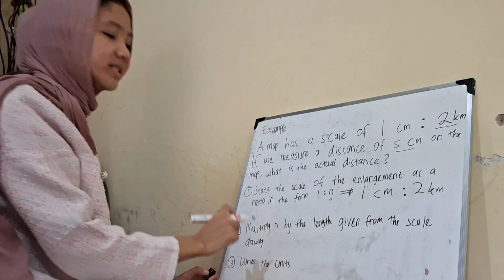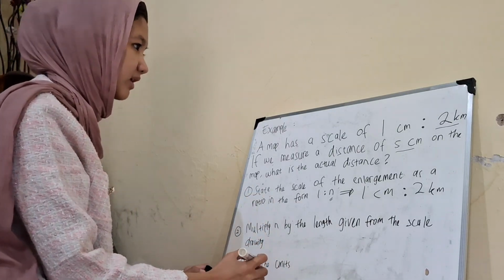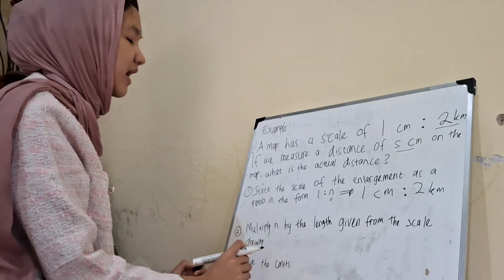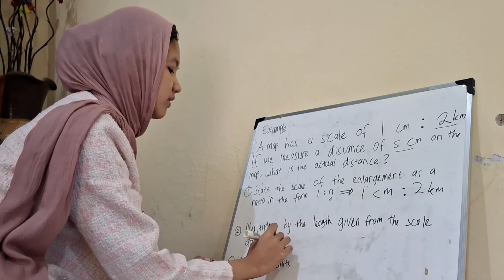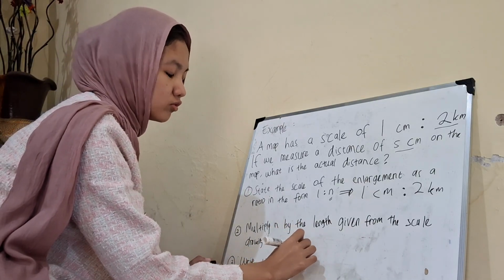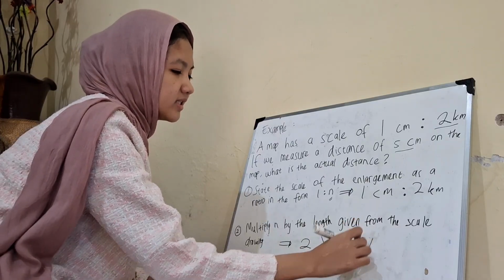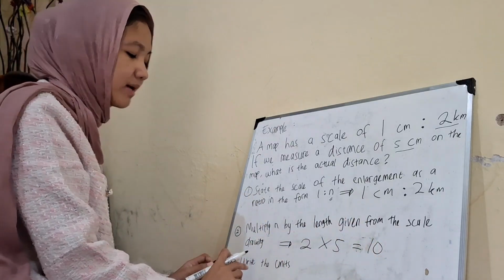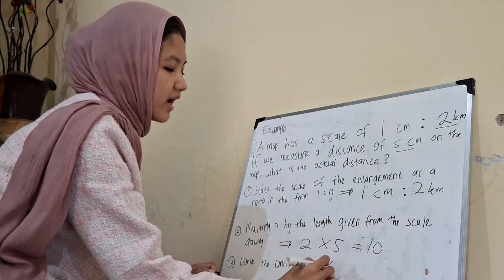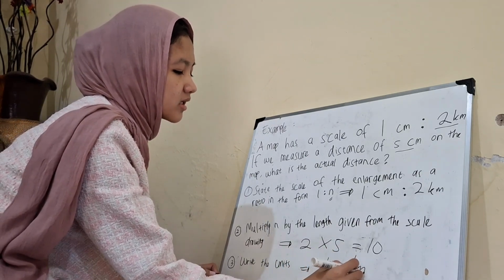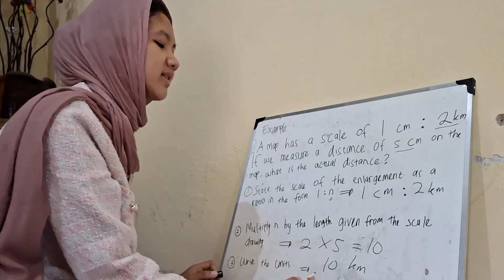Step 2. Multiply n by the length given from the scale drawing. The length value is 5 cm. So we get 2 times 5 is 10. Step 3. Write the units. 10 kilometers. The final answer is 10 kilometers.